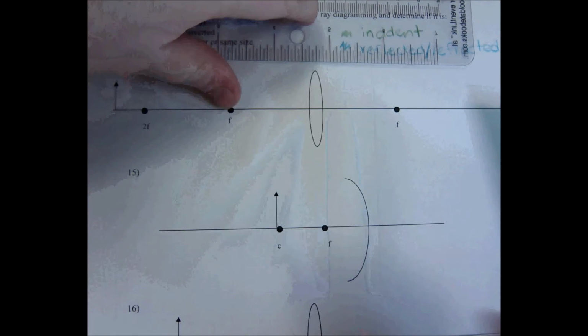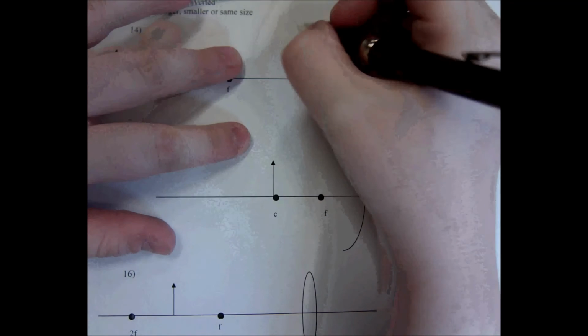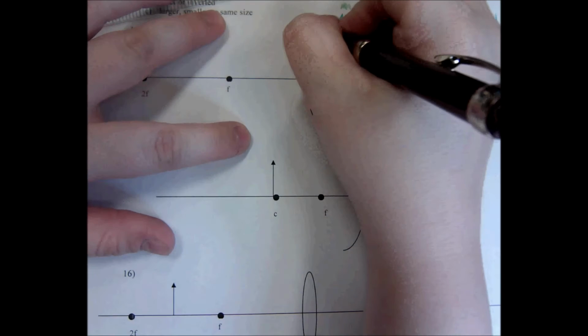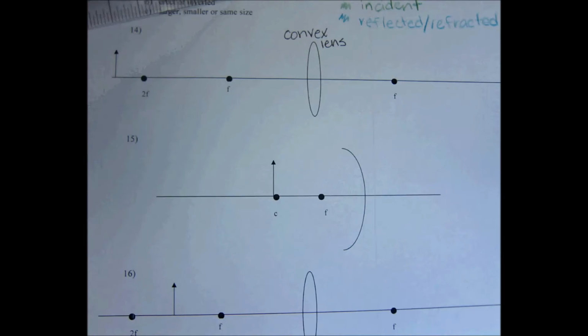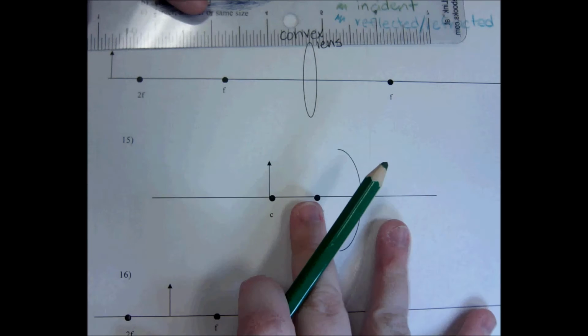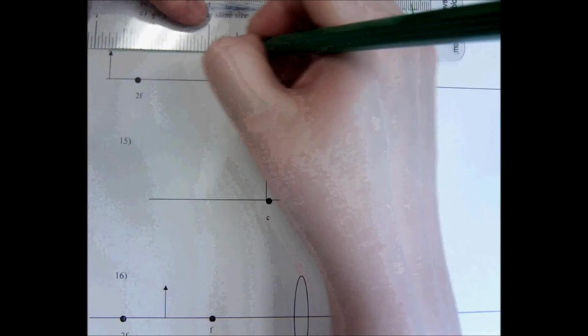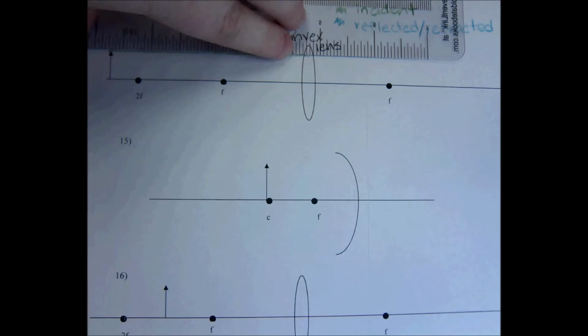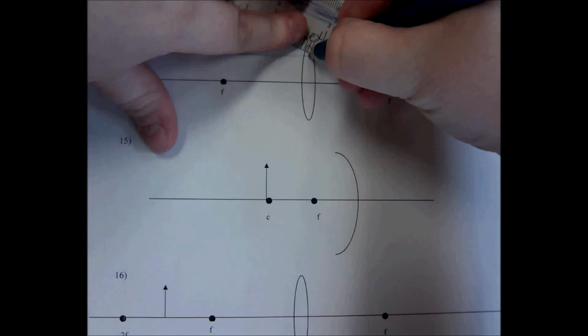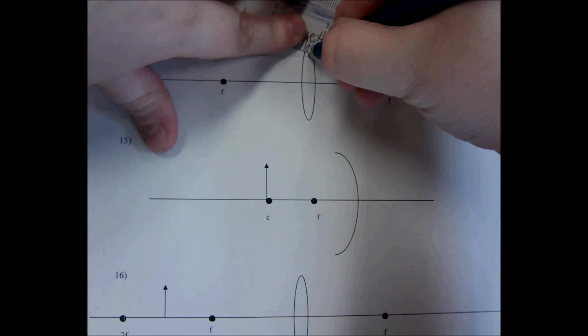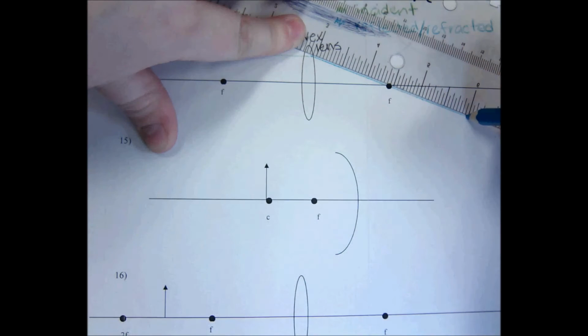This one is a convex lens. It's probably worth labeling. For my incident ray, I'm going to go parallel to axis to the center of the lens, and then for my refracted ray, I'm going to go through the focal point.